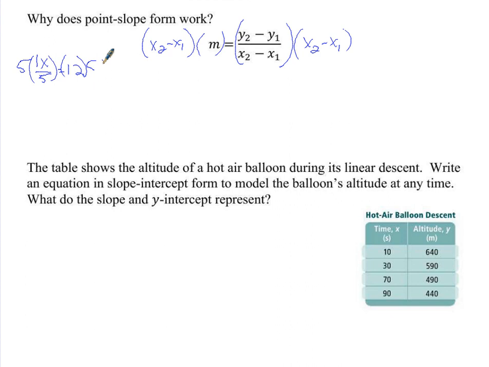Same thing. The denominator here is x2 minus x1, so I multiply both sides by that. That gets rid of the denominator on the right, so I'm left with y2 minus y1 equals m times x2 minus x1. Sound familiar?